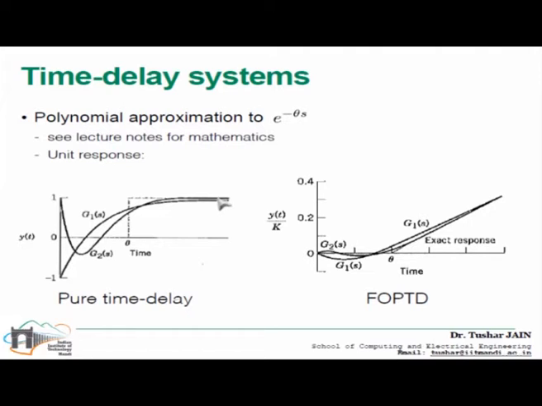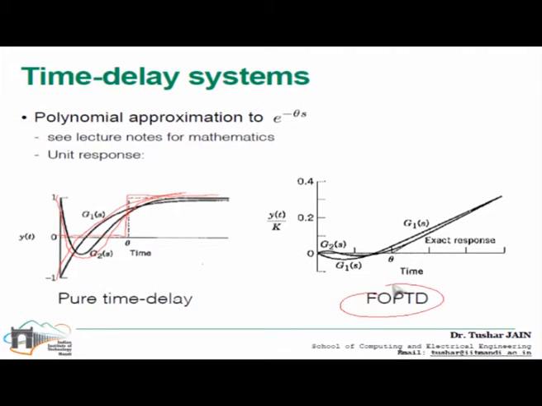If I take the 1 by 1 Pade approximation, and if I take the 2 by 2 Pade approximation, and plot these curves against the unit response, this is the actual response. This is if I take the 1 by 1 Pade approximation, and this is if I take the 2 by 2. So as I take higher order Pade approximations, I get closer to my actual response.